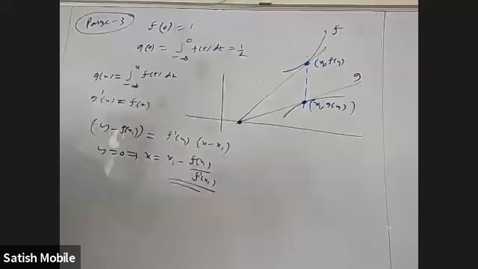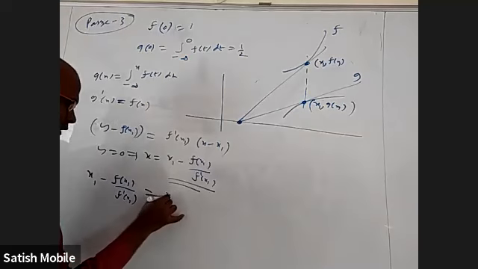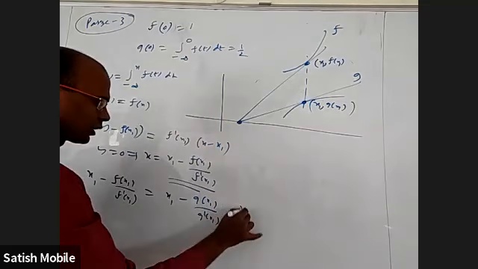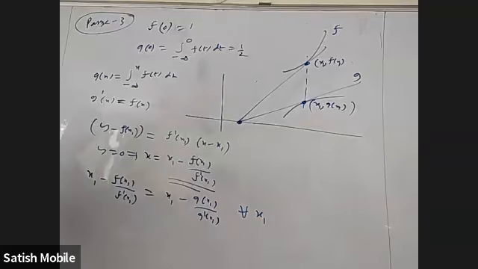This is a formula, and that should be the same for both curves for the same x1 value. So x1 minus f of x1 by f dash x1 should be equal to x1 minus g of x1 by g dash x1 for all x1. Maybe positive values or something depending on the question.